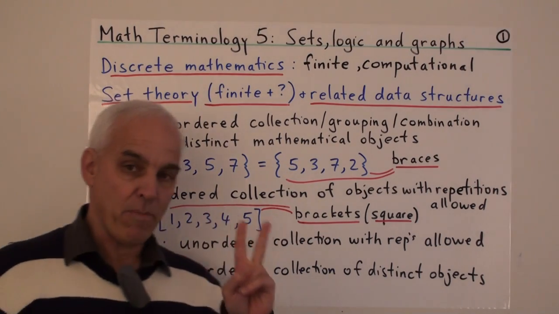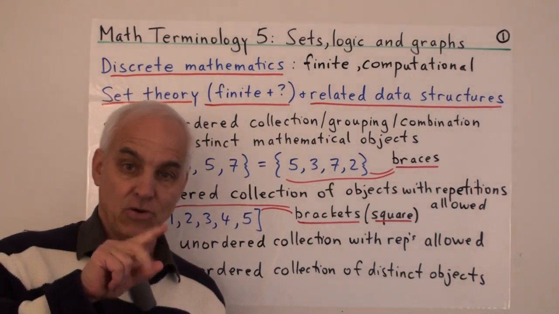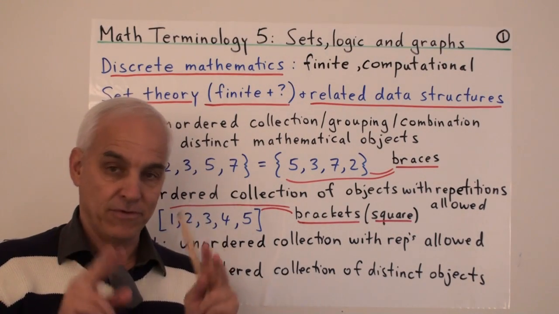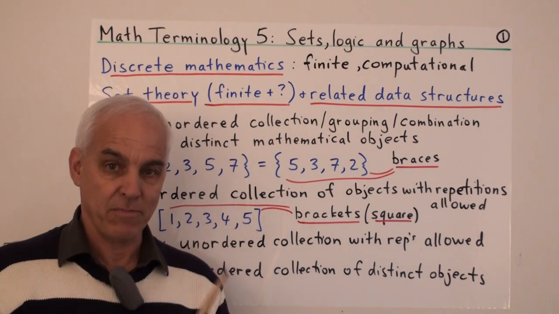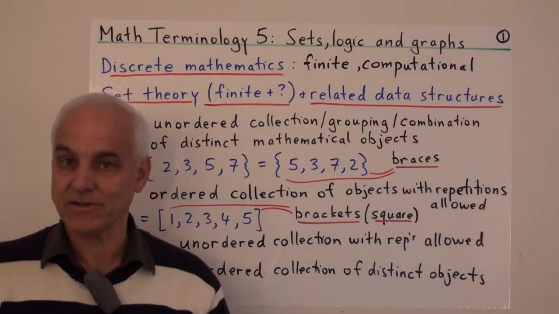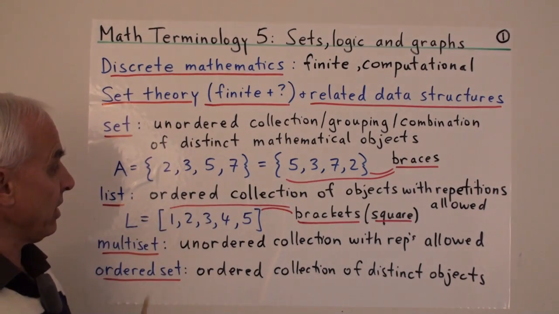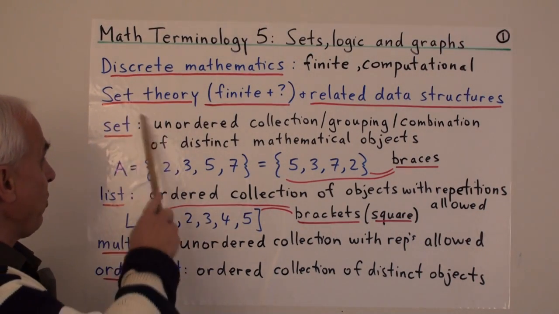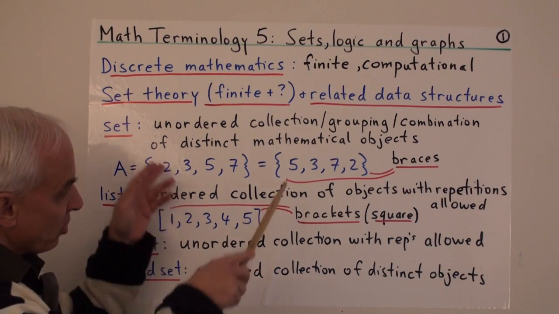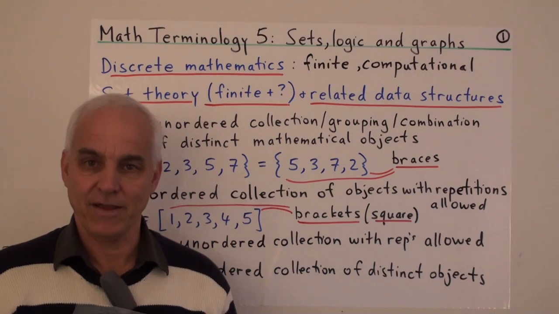So there are really four possibilities, because we could talk about ordered or unordered, and distinct or not distinct. Those 2 times 2, 4 different possibilities are encoded in these 4 types of data structures. And in computer science, they're all important. And in mathematics, though, we historically have tended to concentrate on sets. That's what we'll talk about mostly today.